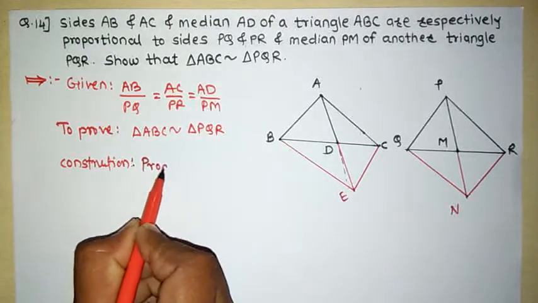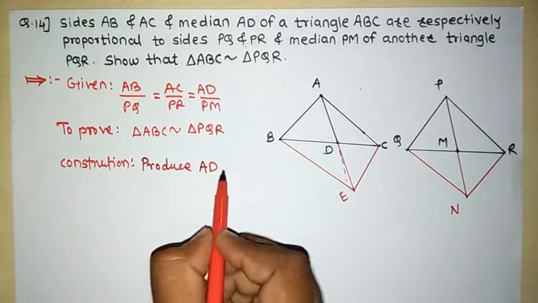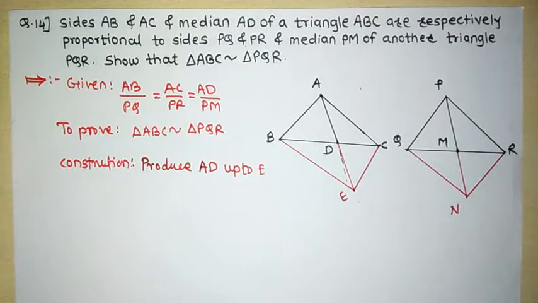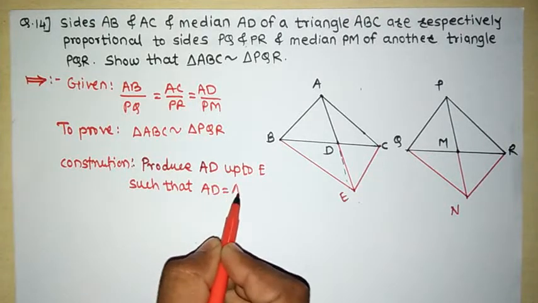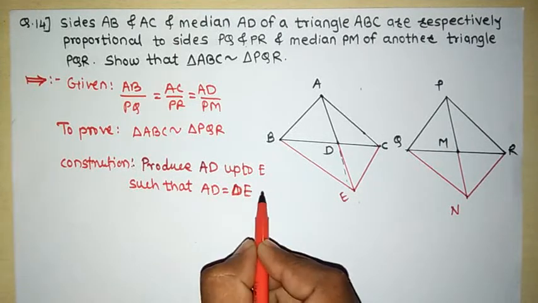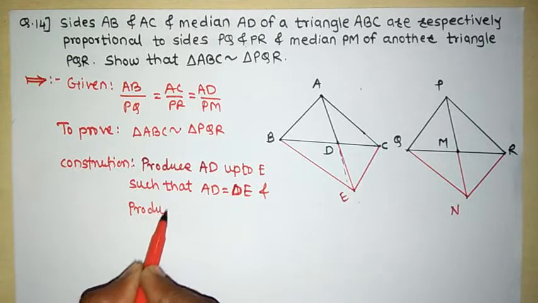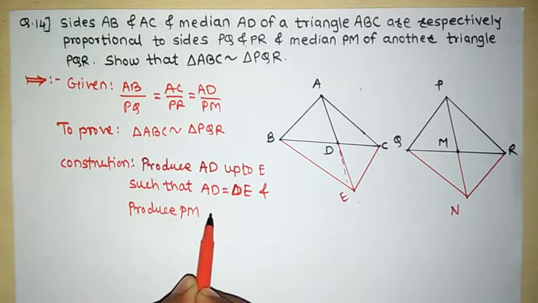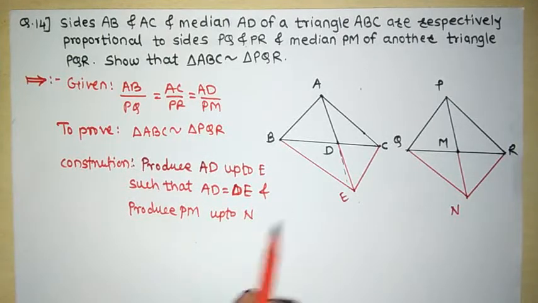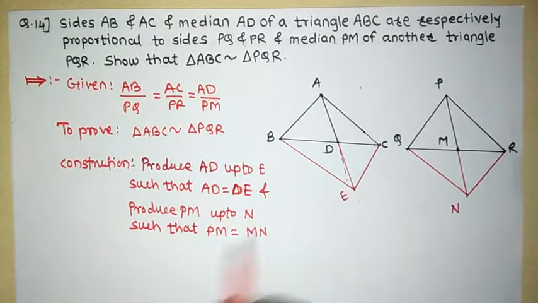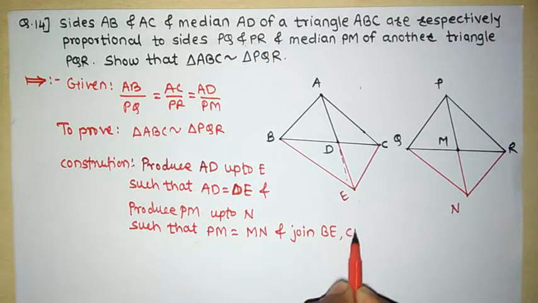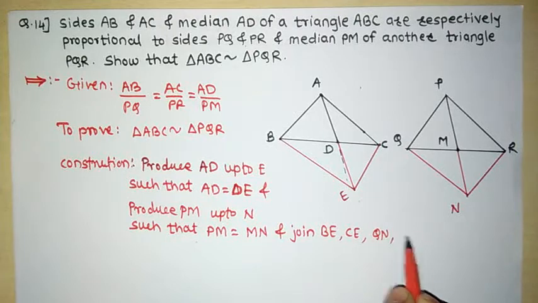Produce AD up to E such that AD is equal to DE, and produce PM up to N such that PM is equal to MN, and join BE, CE, QN and RN.